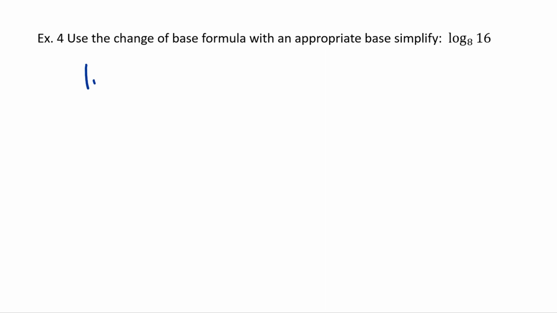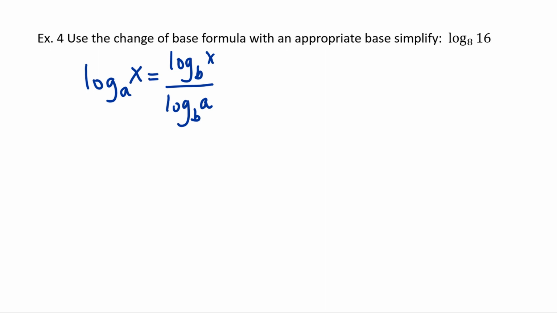Let's recall the change of base formula says if you have log base a of x, it is equal to, pick a different base, log base b of x divided by log base b of a. I see the base 8 and know that that's a number with a base of 2, and same thing with the 16.